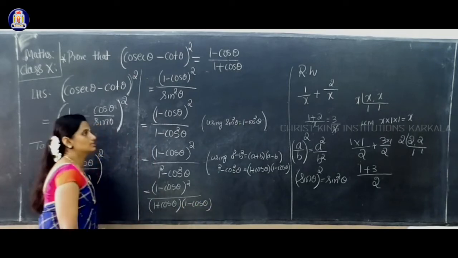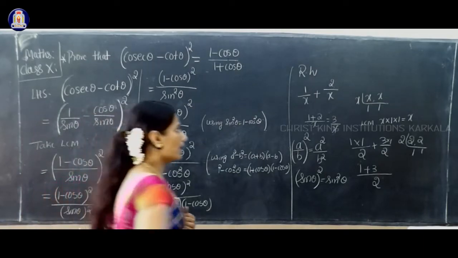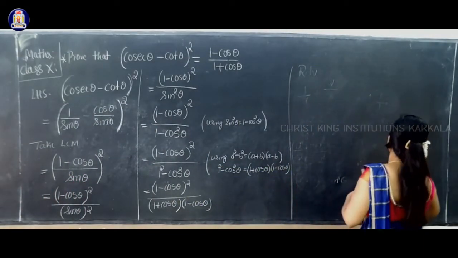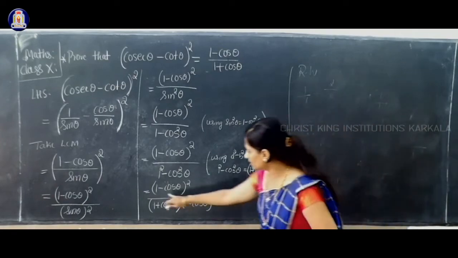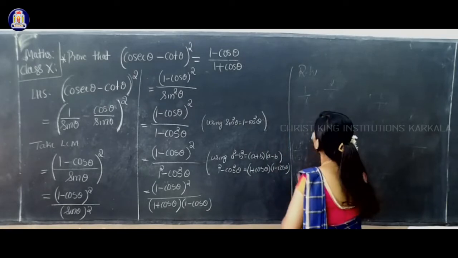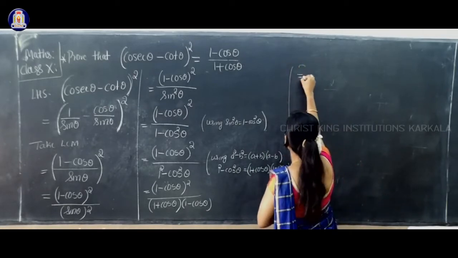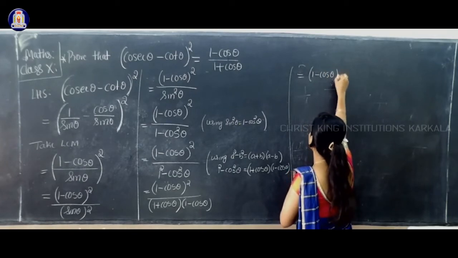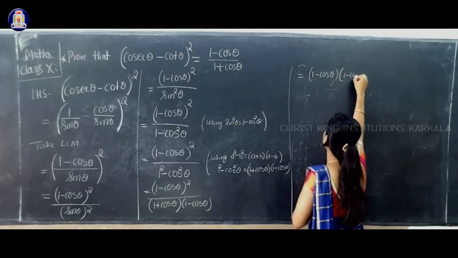Now next, see that numerator is (1 minus cos theta) whole square. So I'll write it as (1 minus cos theta) into (1 minus cos theta).